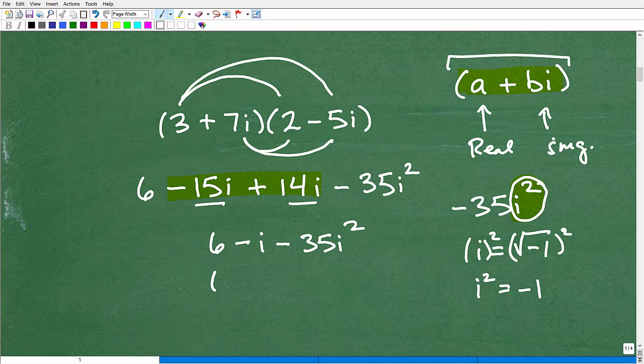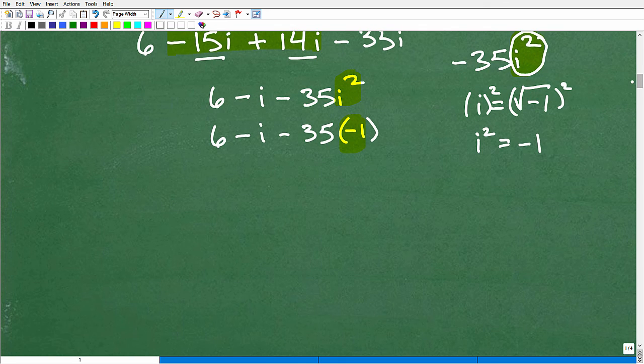So what we're going to do is go 6 minus i minus 35 times a negative 1 right there for i squared. We've got to be very careful with all these positive and negative numbers going on here. So now I have 6 minus i. Now, negative 35 times a negative 1 will be positive 35.